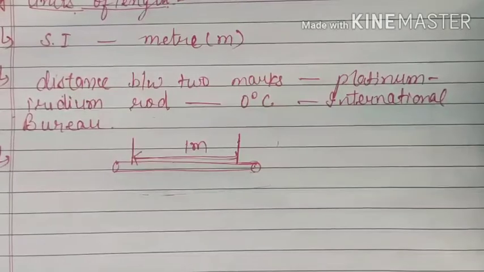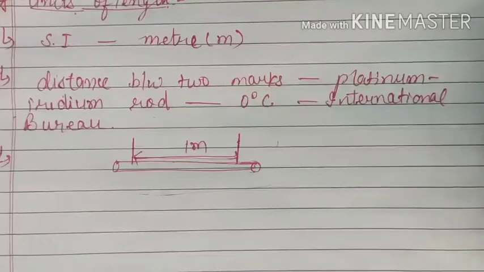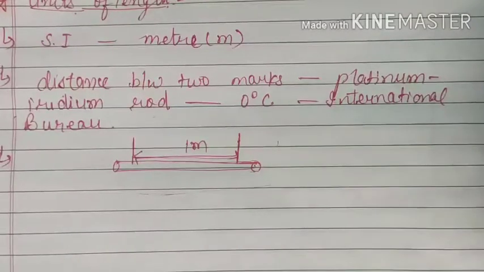So especially here we have to remember platinum iridium only, this we cannot change. Similarly 0 degree Celsius is also compulsory to write, because if the temperature varies, there will be expansion and contraction in the rod, which will vary the measurement and make it inaccurate. Okay, so this is the first definition for 1 meter.